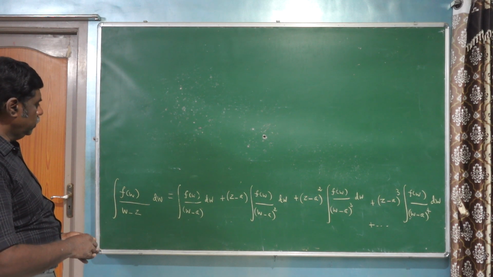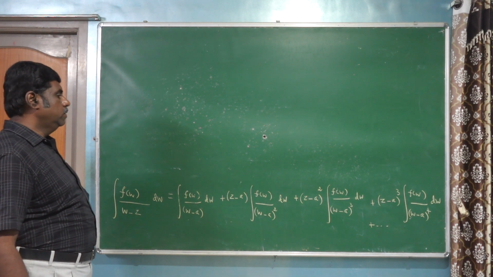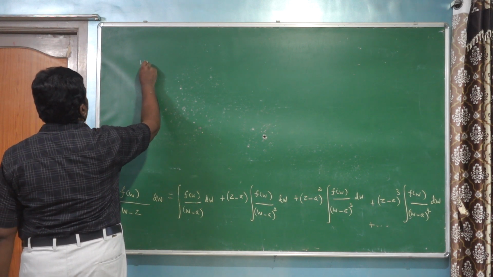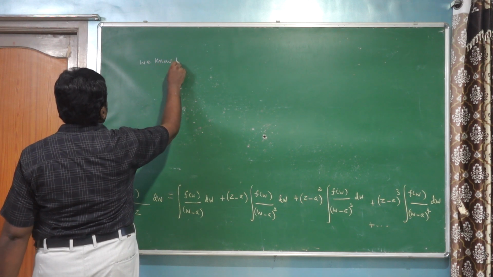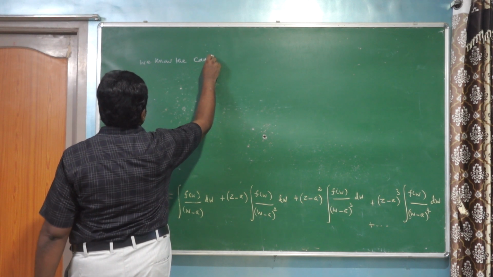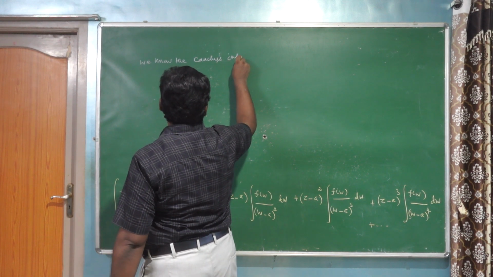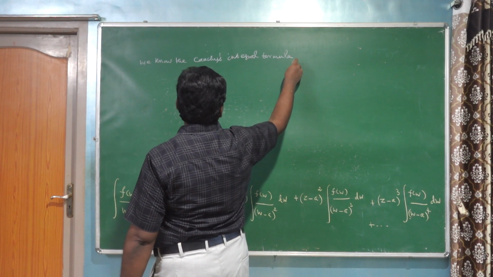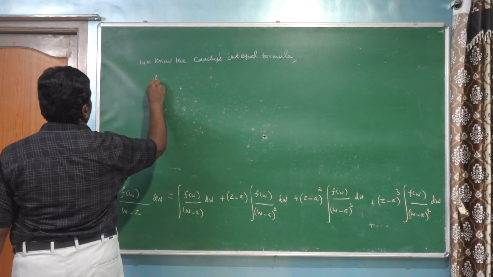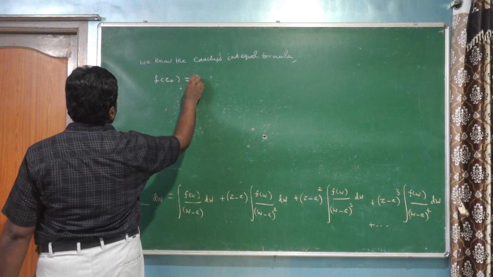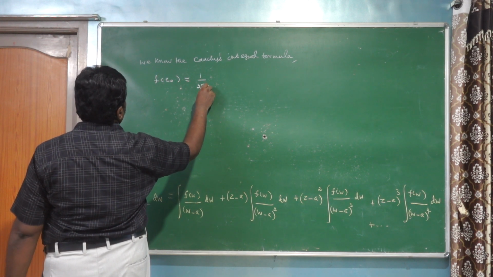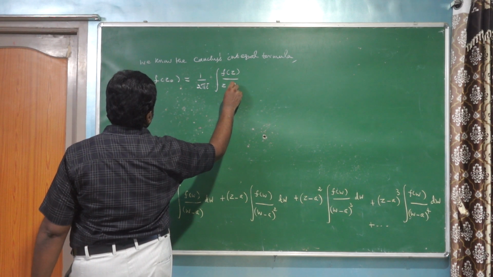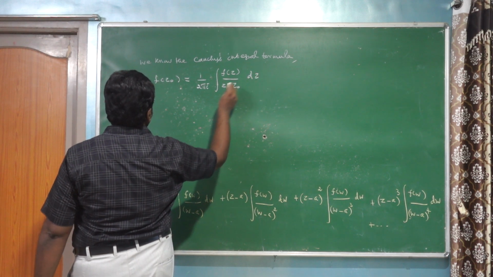See the first integral. To evaluate this, we have to use our Cauchy's integral formula. We know the Cauchy's integral formula, that is f of z0 equal to 1 divided by 2 pi i integral f of z divided by z minus z0 into dz.